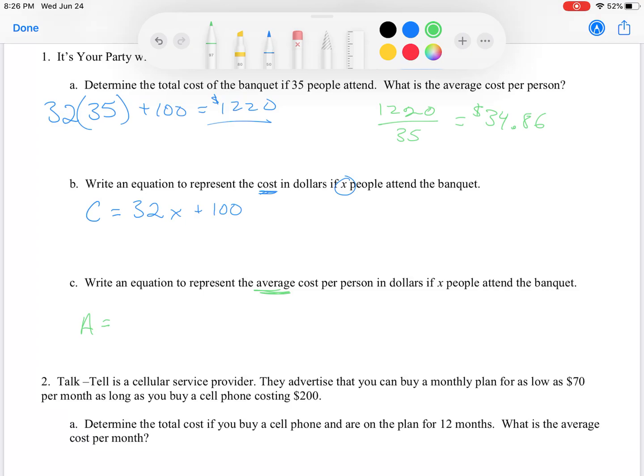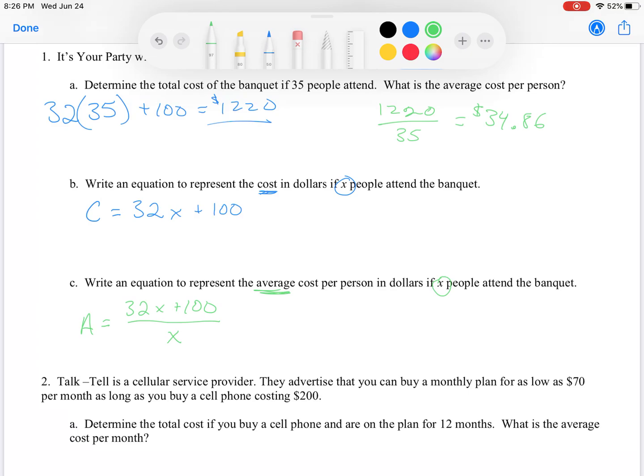For this, you took the total cost of $1,220 and divided it by the number of people, so we're going to do the same thing. The total cost is up here in part B. So the total cost of the banquet is 32 times X plus 100, divided by the number of people. The number of people is still X, so we divide by X. And there's the equation for the average cost per person.